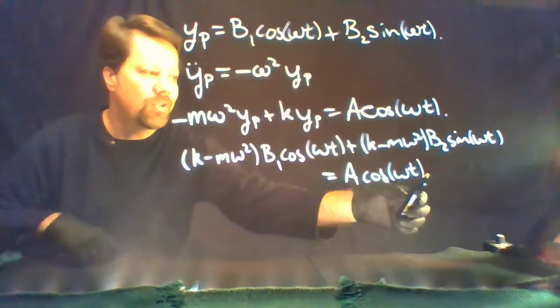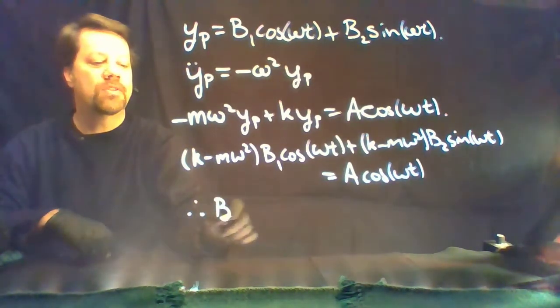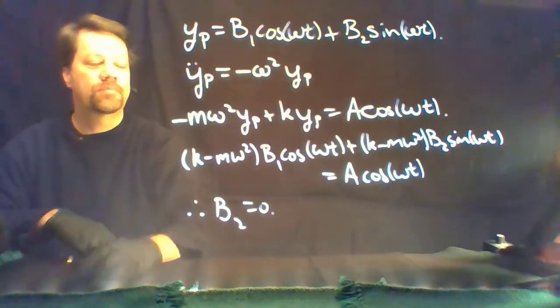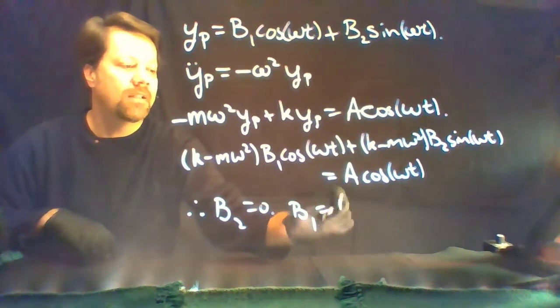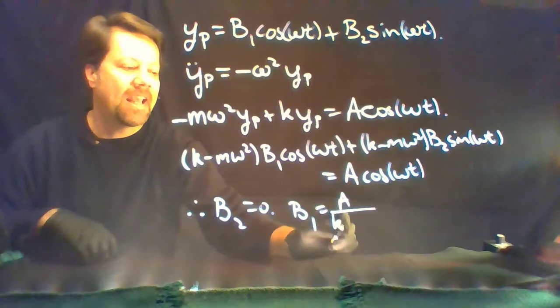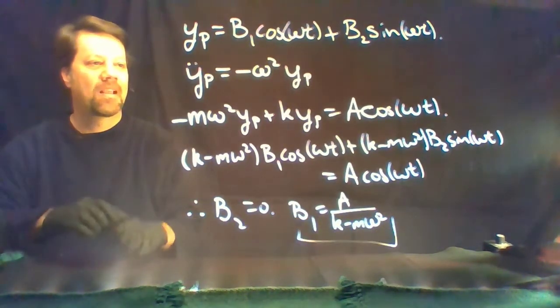Since there are no sines on this side, but we have a sine on this side, we deduce that B2 is 0. Also, we deduce that B1 is A divided by k minus m omega squared.